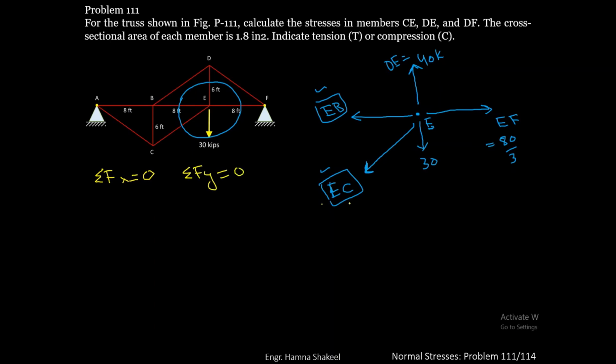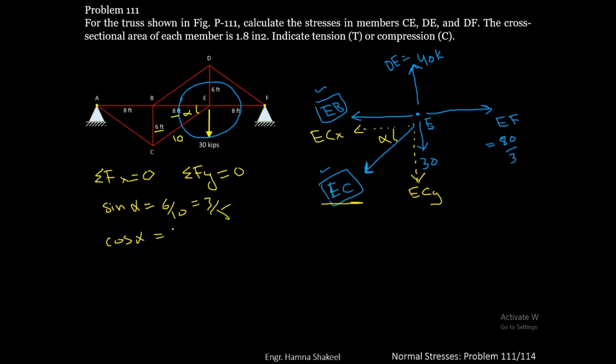So you have to convert this EC force into two components, ECY and ECX. For that you need to know this angle. Let's call it alpha. This is 6, this is 8, so this will be 10. So sine of alpha will be 6 by 10, which is equal to 3 by 5.